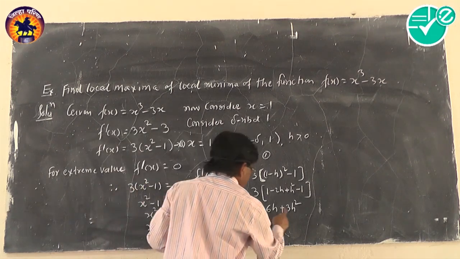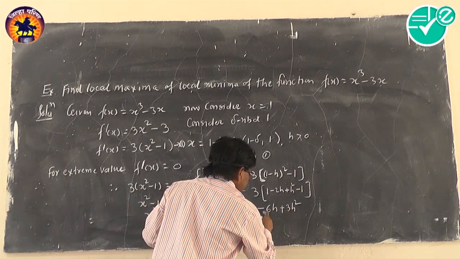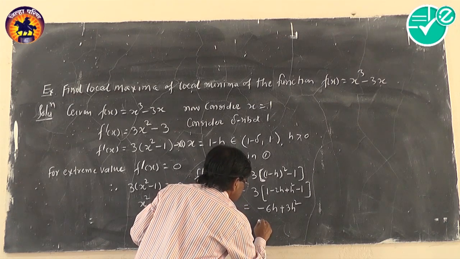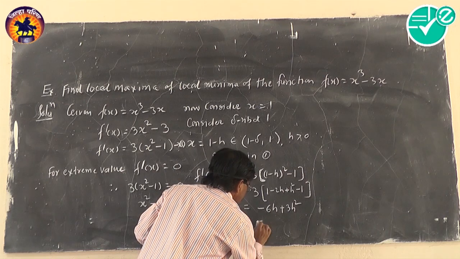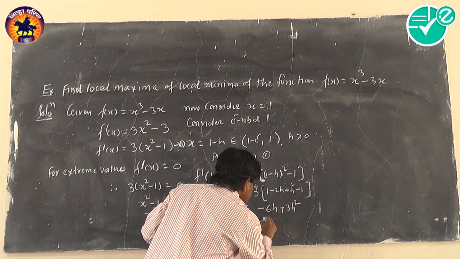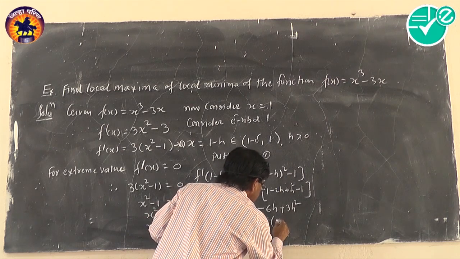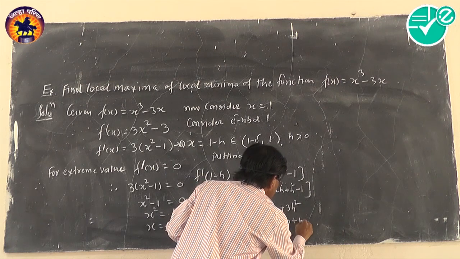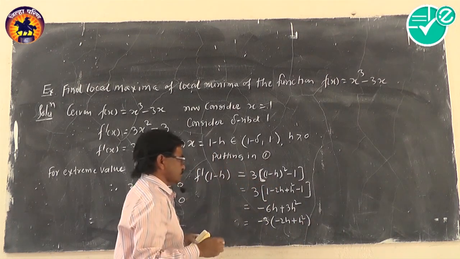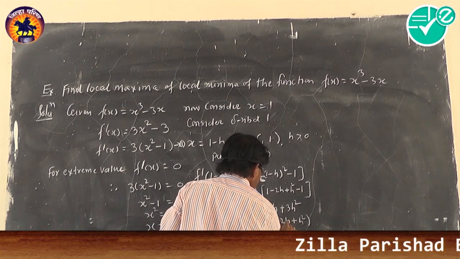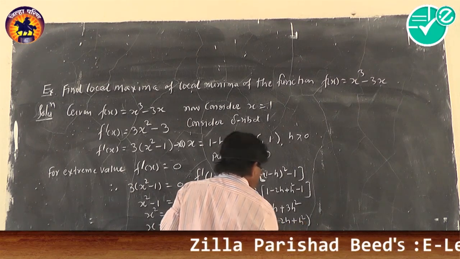We can write minus 3 common, into 2h minus h square.